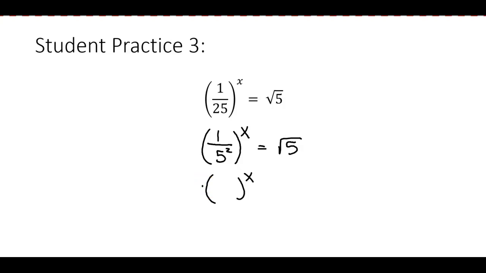Cancel it out? Not quite, but good shot, so I can still give you a point. Let's try, Niana, do you know? If I don't want this to be a fraction anymore, what can I change that into? Okay. Nate. Sorry, I didn't see it till late there, but I'll come to you next time. Turn into negative? Yeah. So I don't want that 5 squared on the bottom, so I'm just going to make it a negative 2 there, right?